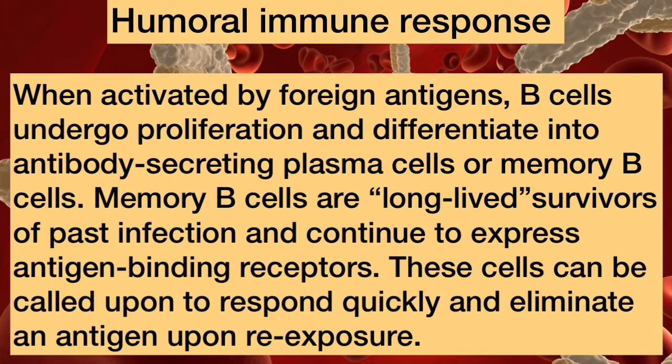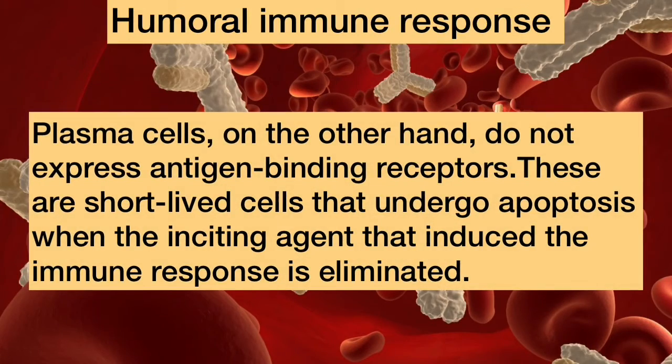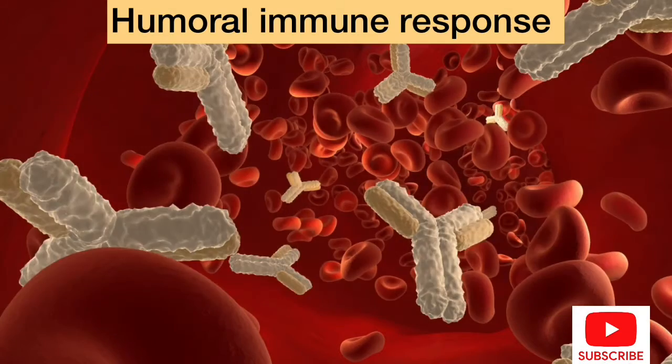These cells can be called upon to respond quickly and eliminate an antigen upon re-exposure. Plasma cells, on the other hand, do not express antigen-binding receptors. These are short-lived cells that undergo apoptosis when the inciting agent that induced the immune response is eliminated.